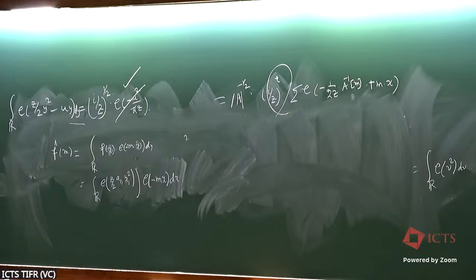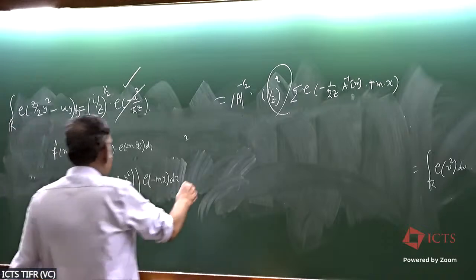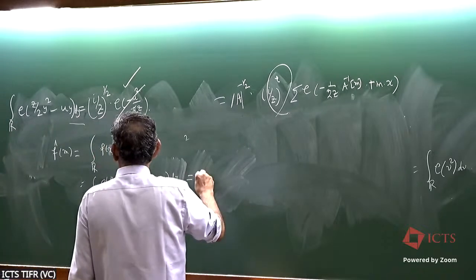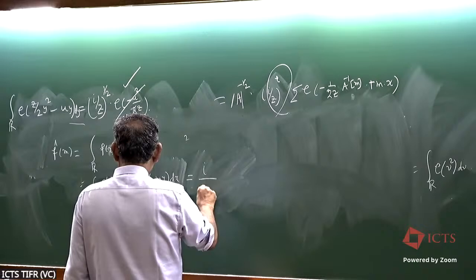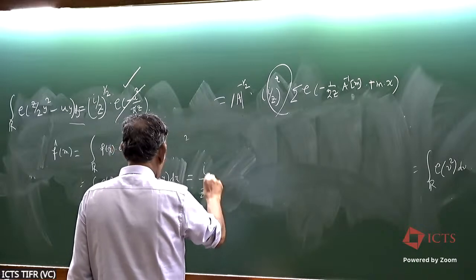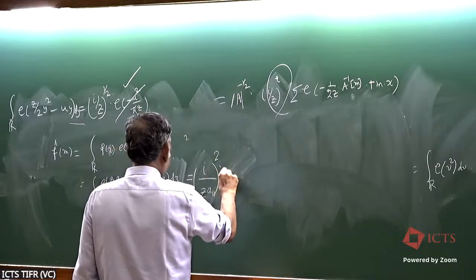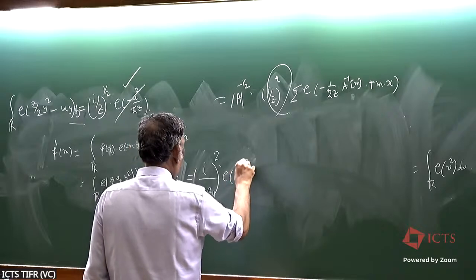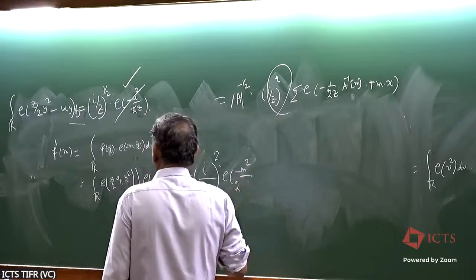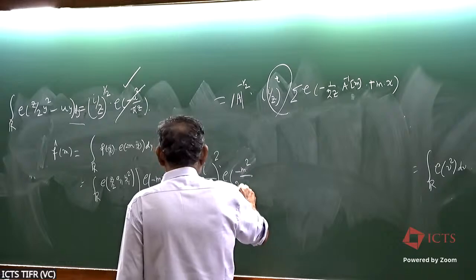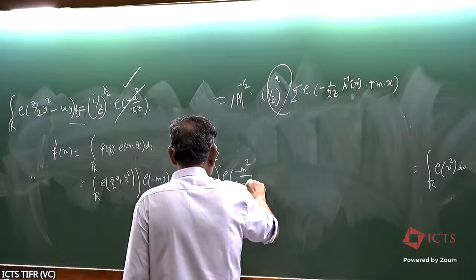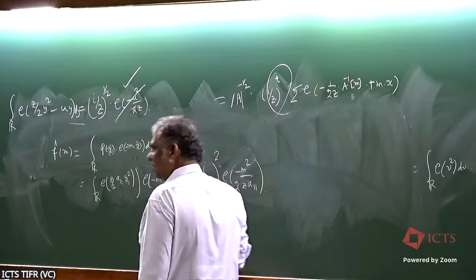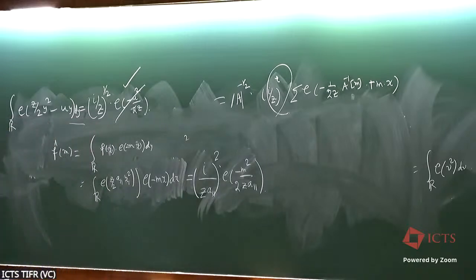Now I can use this theorem, and that would give you I over z a11 whole square into e power minus m square divided by 2 times the new z, where the new z is z times a11. Okay? Therefore, from that integral, it follows that this is the pattern.